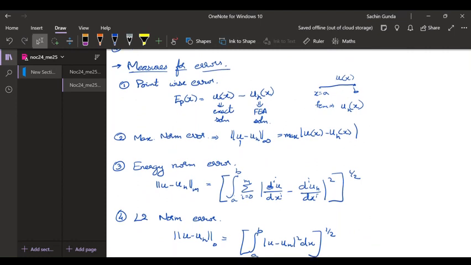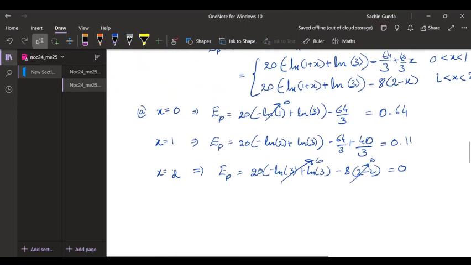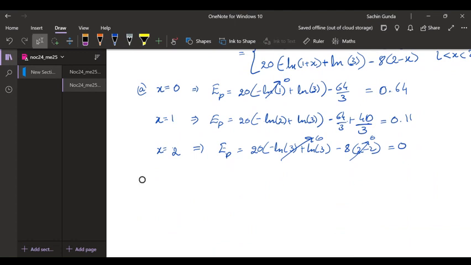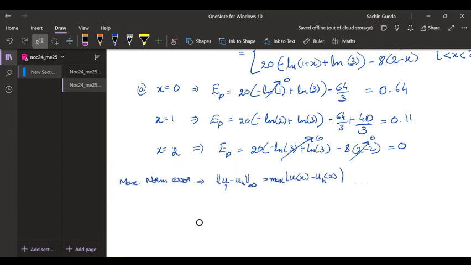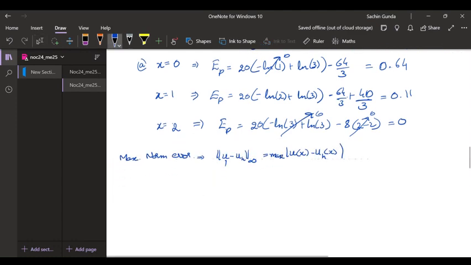Next error, it's the max norm error. It is also just the difference between the analytical solution and the FEM solution, but instead of writing the whole expression, we are saying it is just the maximum value of the expression. So this is the max norm error.